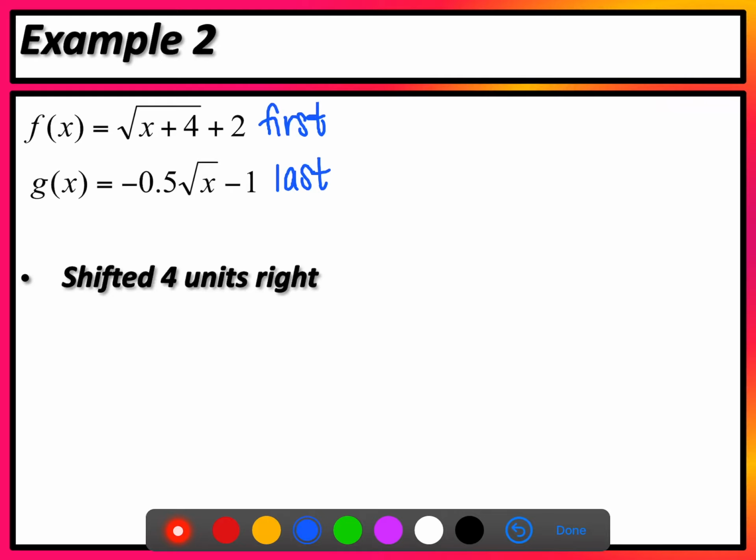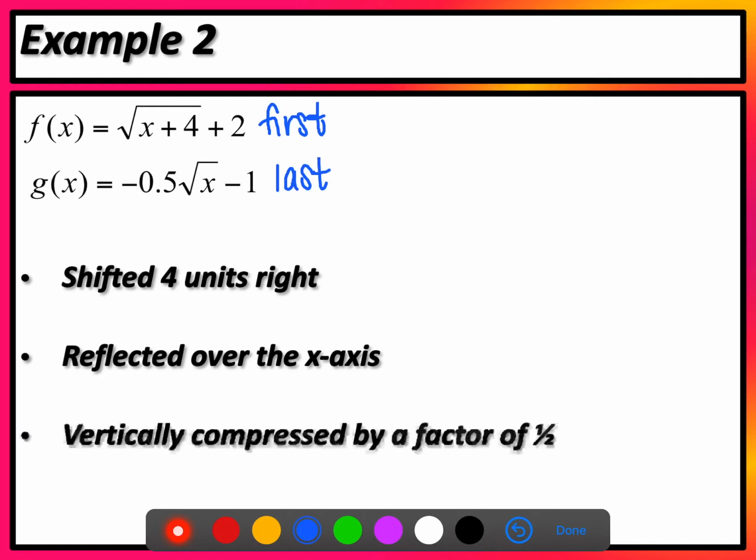Now we look to the front. I see there are two things happening in the front: a negative and also a value. The 0.5 in the front is going to perform a vertical compression, and the negative is going to perform a reflection.